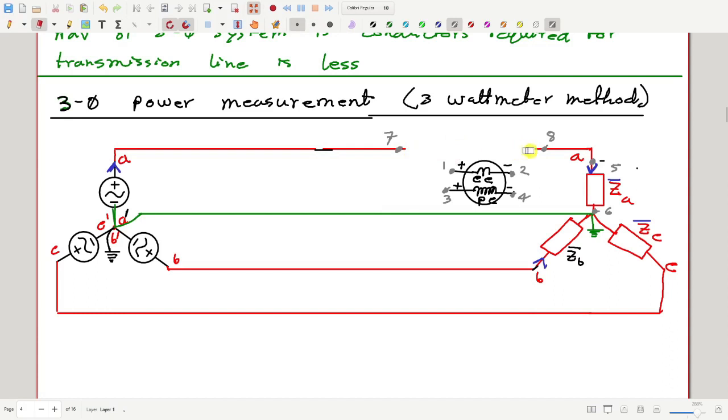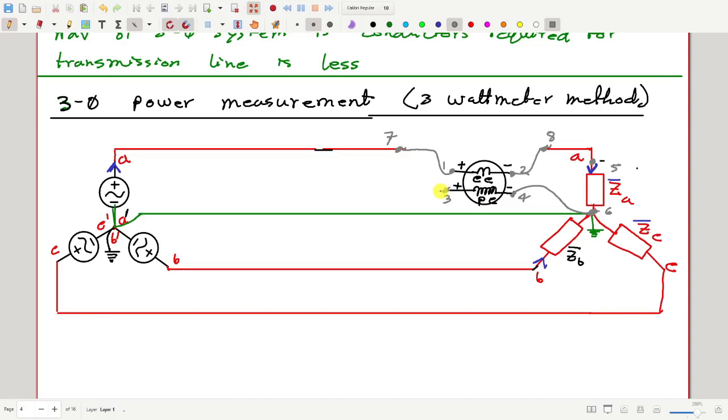So we put this current coil in series with ZA, so that the current coil is now measuring the current flowing through ZA. Now we also have to measure the voltage across ZA. To measure voltage across ZA, let me connect terminal 4 with 6, and 3. Where can I connect?